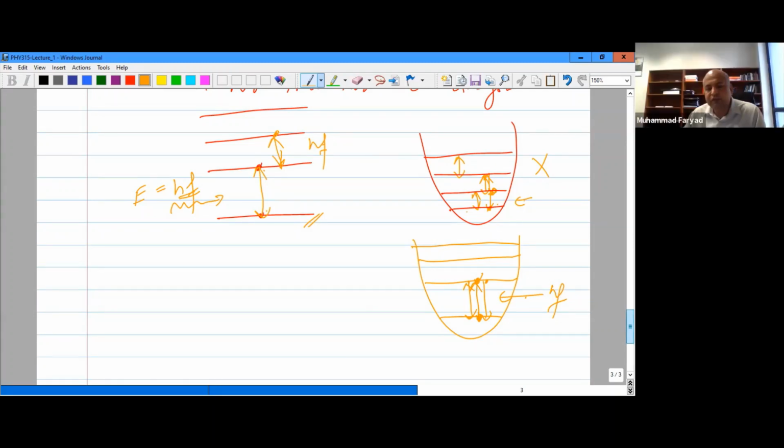So when you send a photon of energy gap, first of all, if I send a photon of some energy E, and this energy is equal to this gap, and it's not equal to this gap, so a photon cannot take energy from here and go here. If you have this linear harmonic oscillator, then when a system was here, it can accept a photon to go up, or it can also go down.